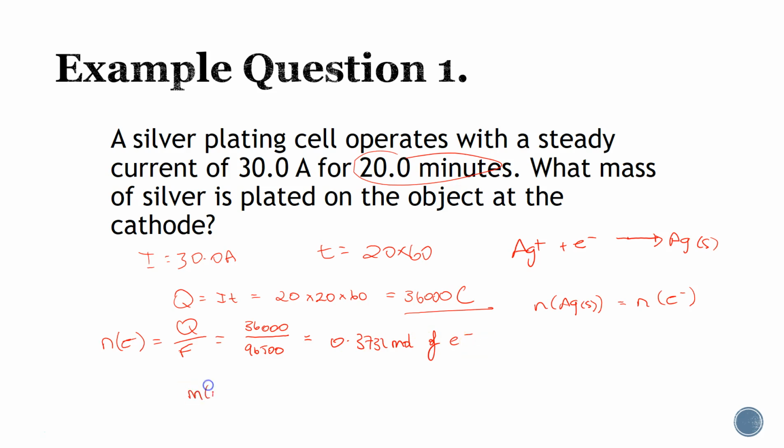So the mass of silver is going to be equal to good old n times Mr, which is 0.3731 mole multiplied by the molar mass of silver, 107.9, is going to give me an overall 40.25 grams of silver. And I'm going to look at my significant figures, 3 here, so it's going to be equal to 40.3 grams of silver will be deposited on or plated onto the object at the cathode.